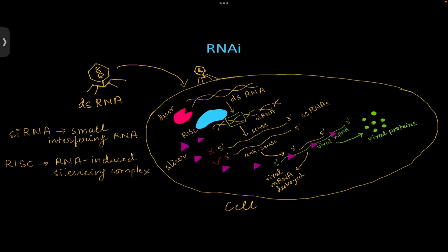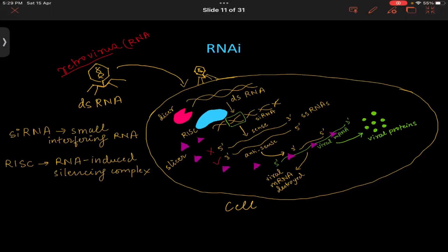So here what is happening? This is an example of how RNAi or RNA interference takes place in a eukaryotic cell. Now suppose a retrovirus, this is the retrovirus, okay, it has an RNA genome, right? And within this retrovirus, this genome is double-stranded. Meaning the retrovirus has a double-stranded RNA as its genome.